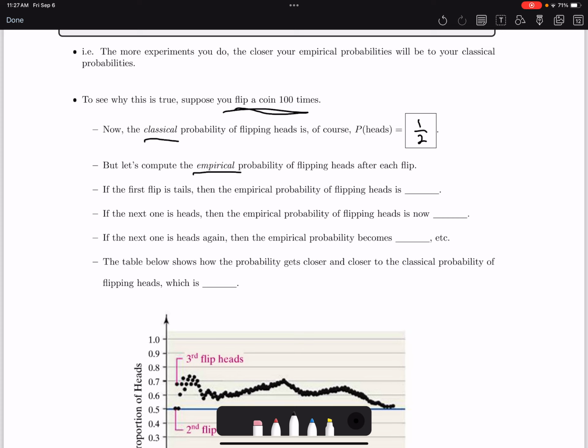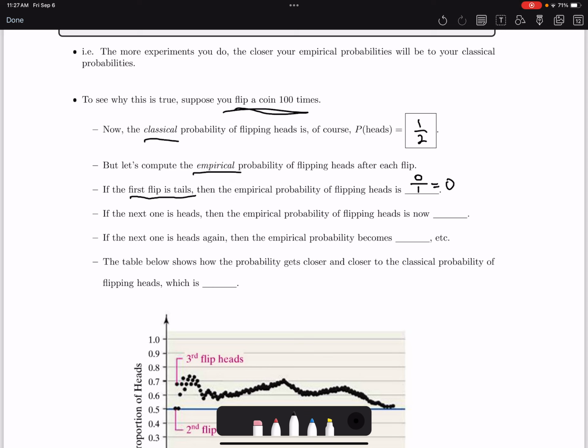Okay, if we do that, let's say that the first flip is tails. If the first flip is tails, then we've only had one flip of the coin so far, and 0 of them ended up with heads, right? So the empirical probability of flipping heads after the first flip is 0 out of 1, which is 0.